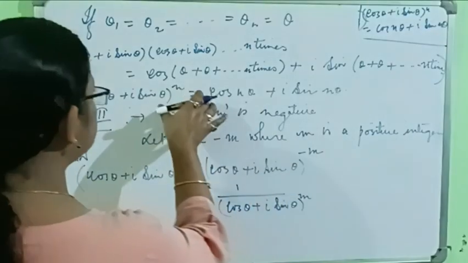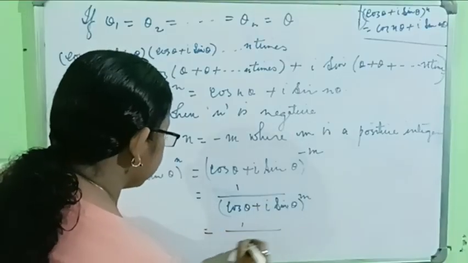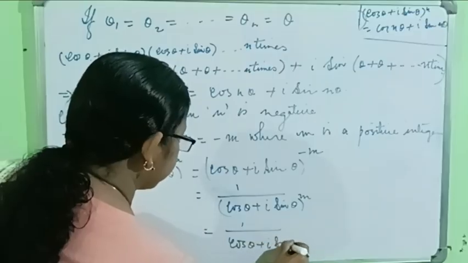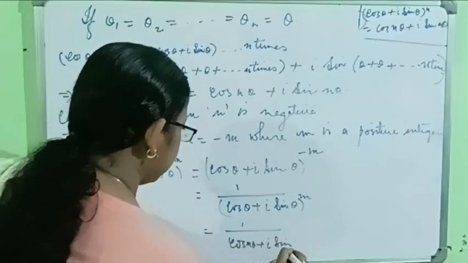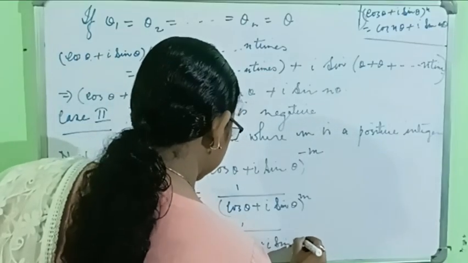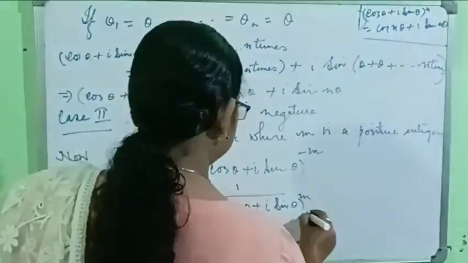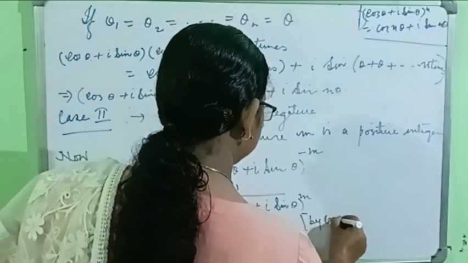Now by the first case, where m is positive, I will get cos m theta + i sin m theta in the denominator. This is by case one.